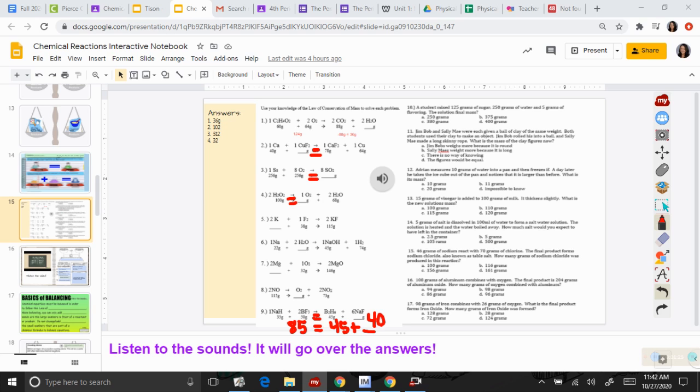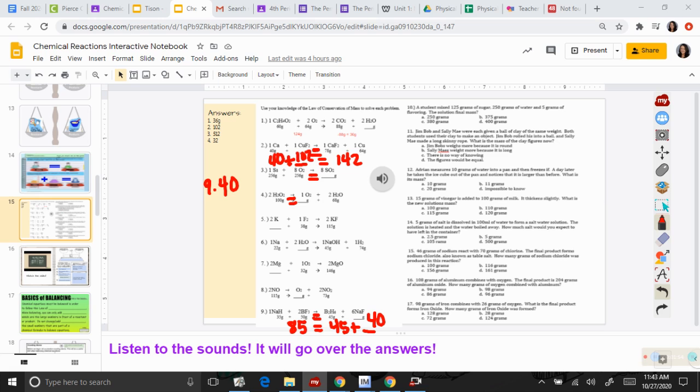Okay, so you would come over here and number 9 would be 40. Same thing here, 78 plus 64 is 142. And 142 equals 40 plus blank. 40 plus blank, so I would know that I have to subtract. 142 minus 40 equals 102.